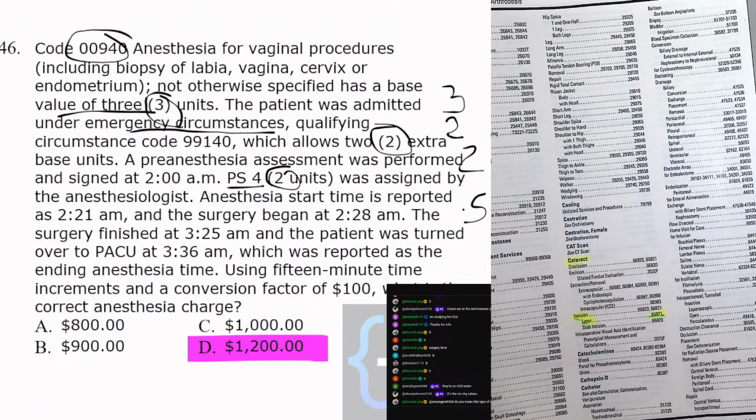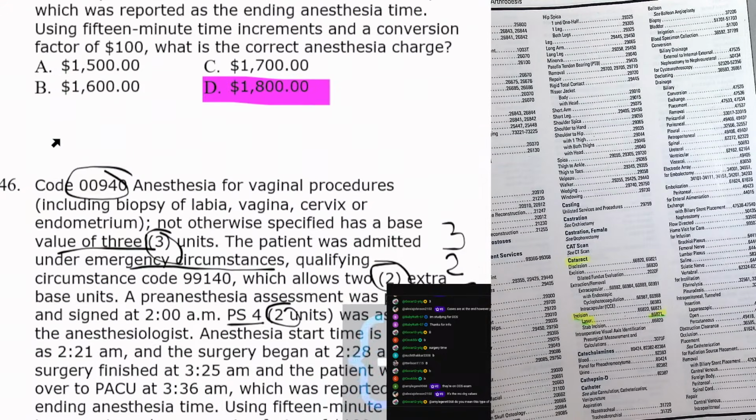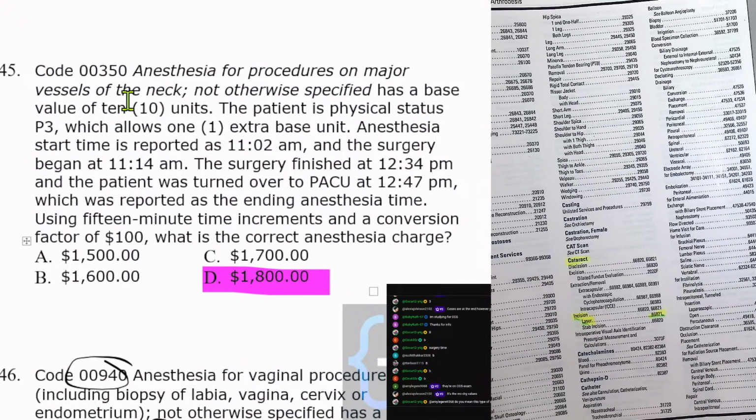So we would have 7 plus 5 equals 12. 12 times $100 is our $1,200. Super easy. It's nothing big. You just times these by 100 after you add up all the units.